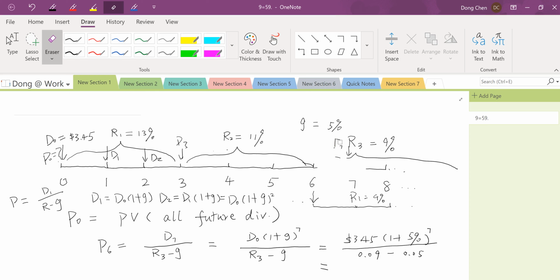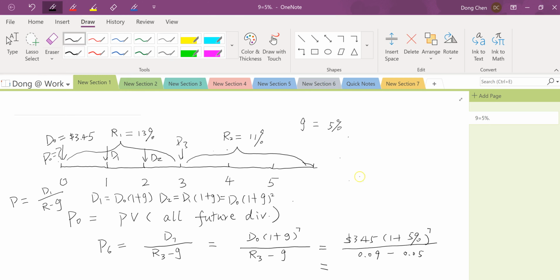Because P6 basically summarizes all future dividends and the discount rate. So once I know that, I don't need this information anymore. I just want to keep one single number to make our life simpler.